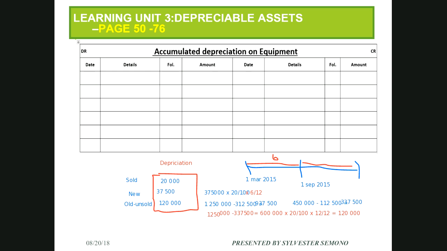One second. Okay, no problem. $177,500. So this is the depreciation for the year, for the vehicle.